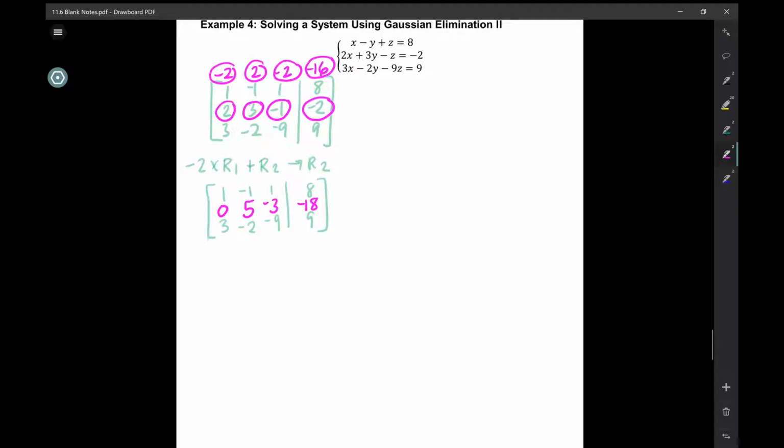The next number I'm going to go after is this 3 right here. To get that, I'm going to take negative 3 times row 1 plus row 3 and replace row 3 with it. Again, let's transfer down the rows we're not messing with, which is row 1 and row 2.